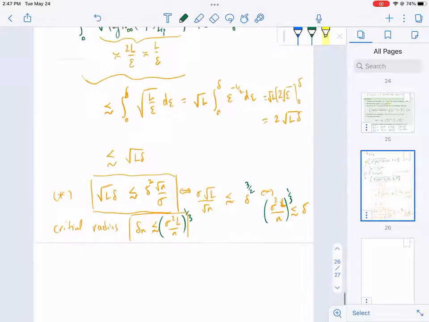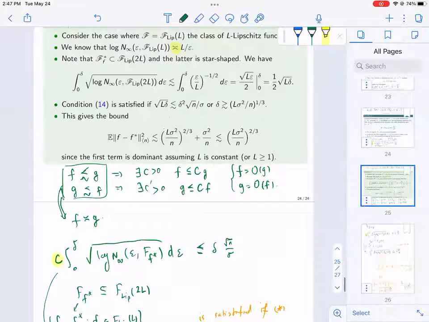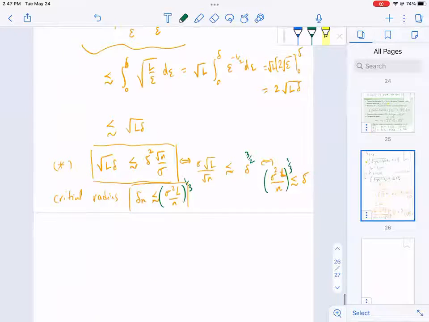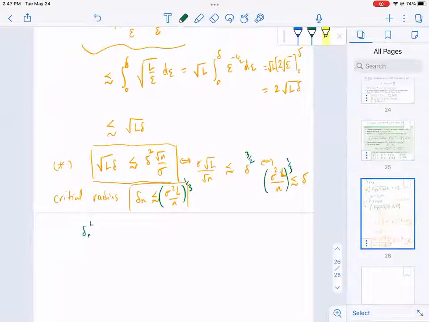Okay. And then the rate would be delta n squared plus sigma squared over n, because delta is of this size. That's exactly what we have here. So the rate would be delta n squared plus sigma squared over n, which is at most (sigma squared L over n) to the 2/3 plus sigma squared over n.